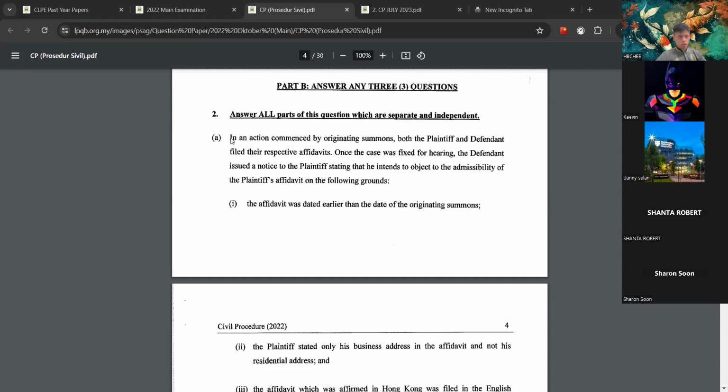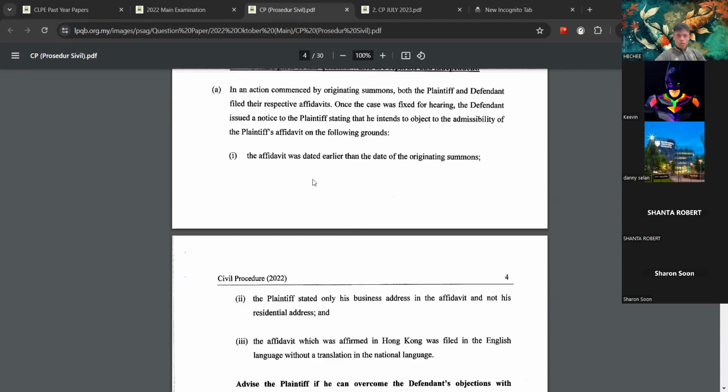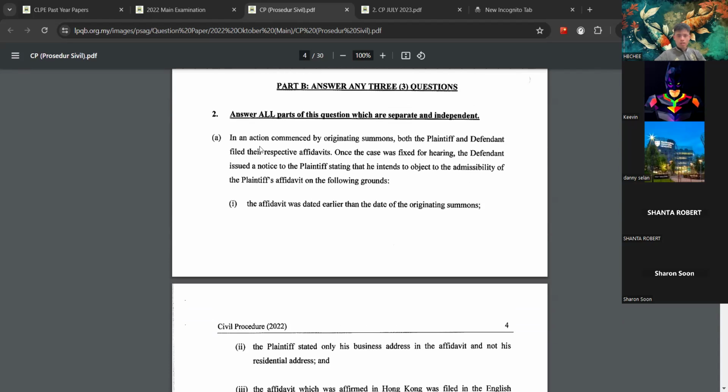Now we come to question number 2. This one, I think I have discussed in my previous session already. The action was commenced by OS. Both plaintiff and defendant filed affidavits.